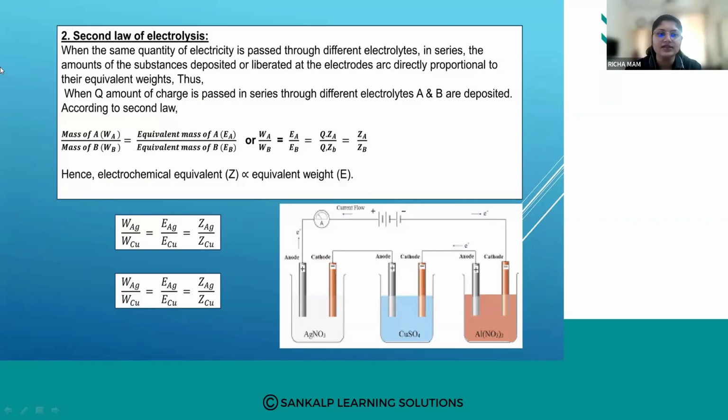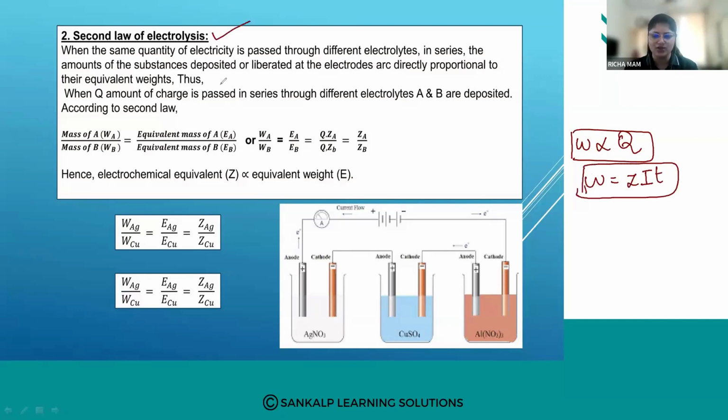In the first law of electrolysis, what we saw is that the amount of substance deposited or liberated at any electrode is directly proportional to how much electricity you are passing to the electrolytic solution. So it is directly proportional to Q, right? From that we got W is equal to Z into IT. This was the equation which we got.